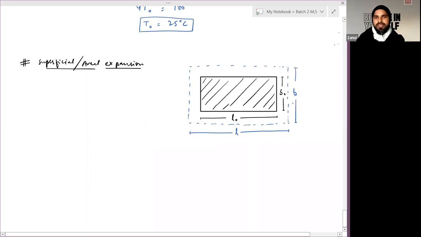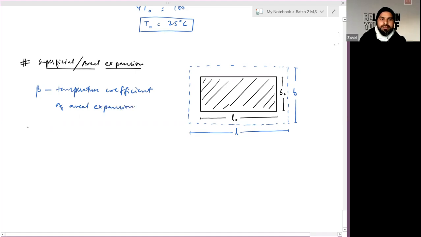If you have to calculate how the rate of area is increasing with change in temperature, we may define a quantity called beta, which is the temperature coefficient of areal expansion. It simply defines at what rate area will change with change in temperature.